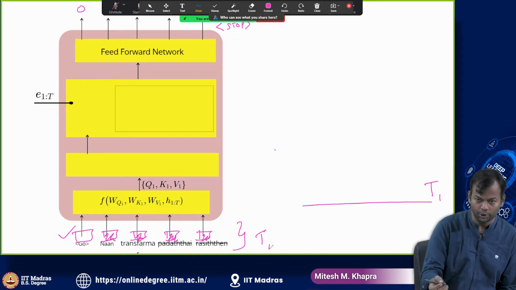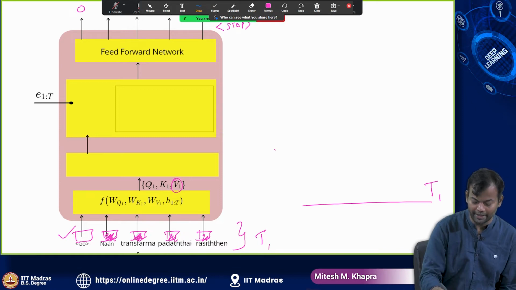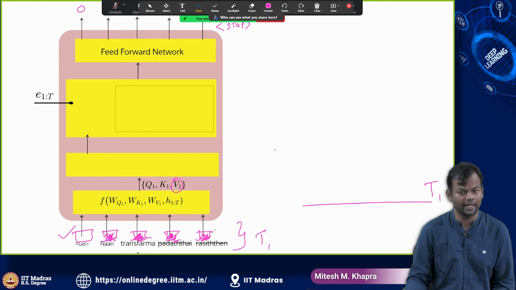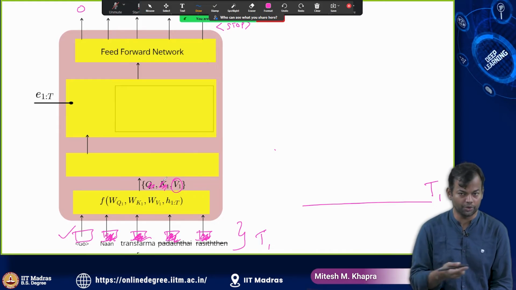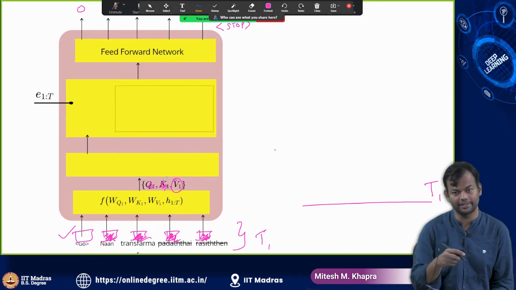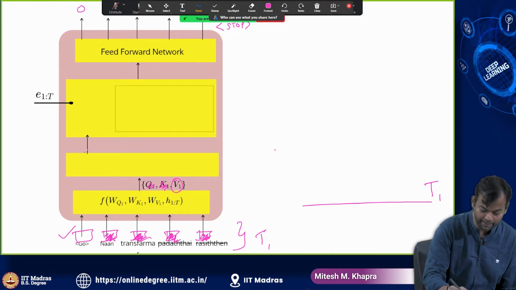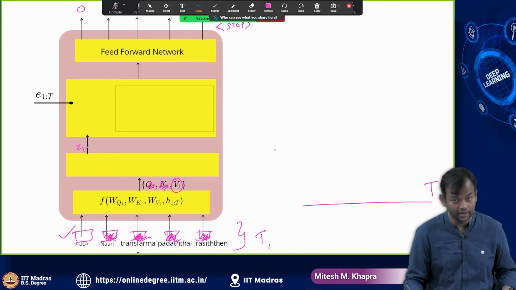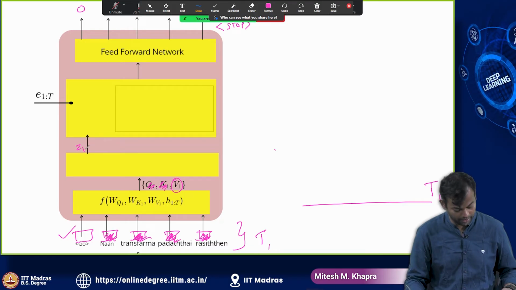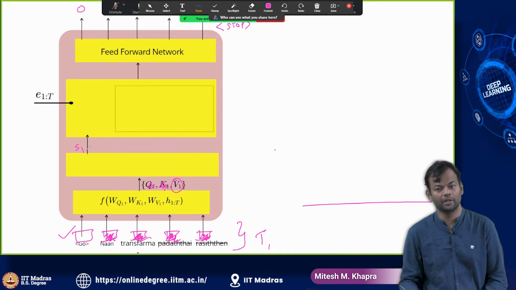But while doing that, you are aware that whatever value you're getting for these guys does not make sense. Whatever key you are getting for these guys does not make sense. Whatever query you are getting for these guys does not make sense because these are some junk inputs. You don't even know, right? This might just be a special symbol saying empty, right? You don't know what it is right now, right? So when you're computing a refined representation for Go, right? Then let me call that Z1, or rather, sorry, let me not make those mistakes again, I'm going to call this S1, right?